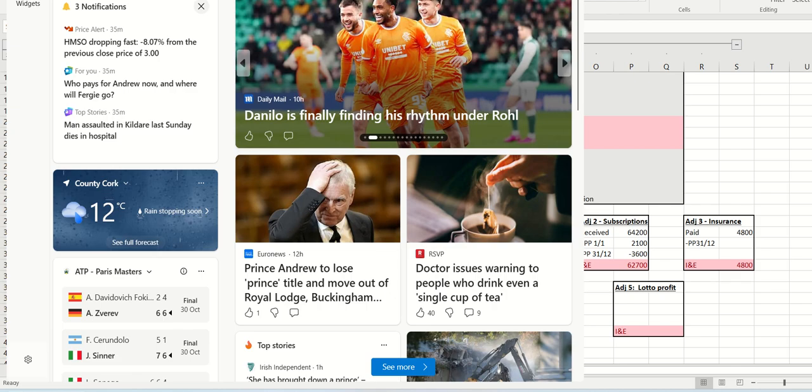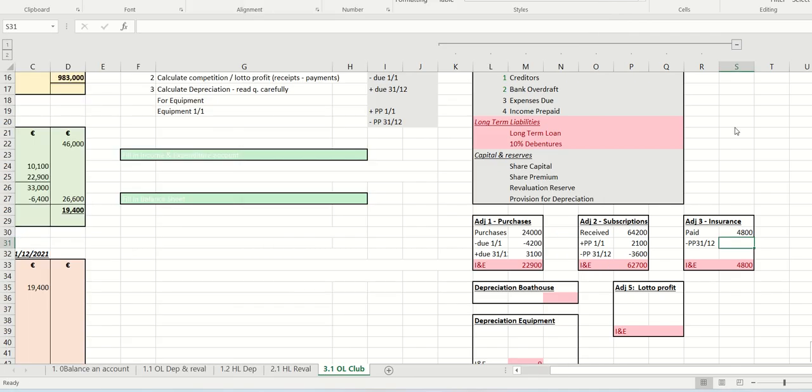Sorry. So we'll have an insurance number of 3,600 going into our income and expenditure. You will notice, guys, that I'm making them pink. I use a pink highlighter always for every chapter in this book and every question in your Leaving Cert.